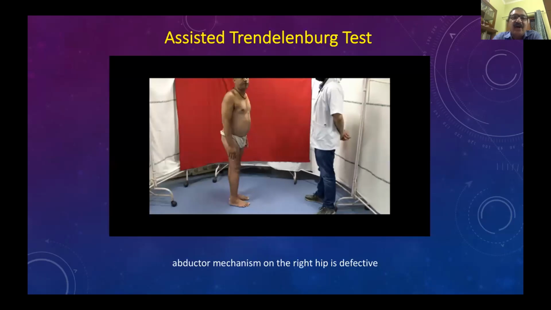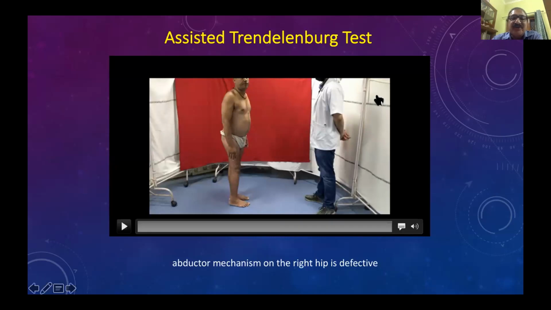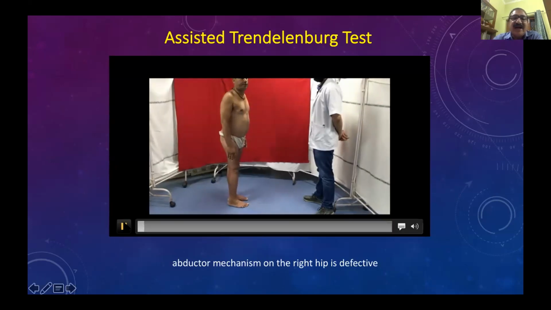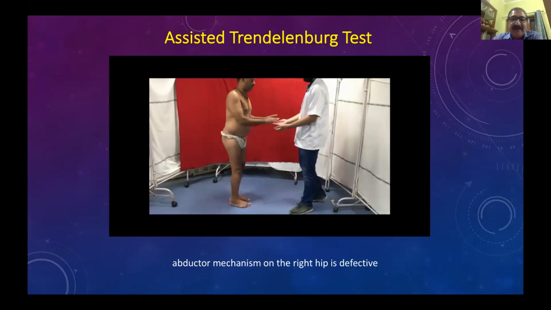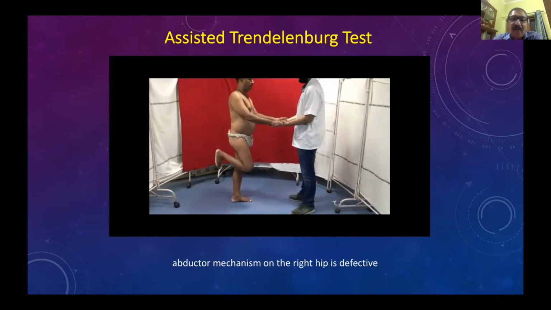Now, there is a test called the assisted Trendelenburg test. If a patient is unable to stand on a single leg stance, the examiner may provide him assistance to stand. Now, this patient has a weak abductor mechanism on the right side. He is not able to stand on the right side. So we are conducting an assisted Trendelenburg test in this patient. First, he is asked to stand on the normal side, which he is able to do nicely, no problem.